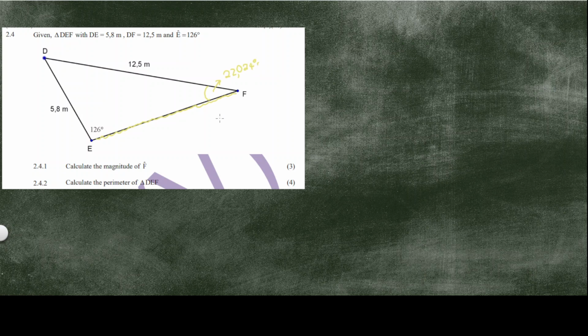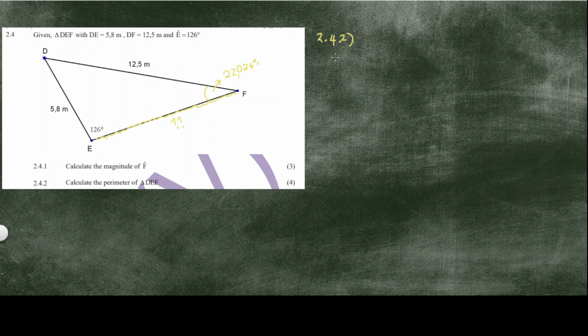Now, how do you propose we calculate EF? We can still use the same method, but first we need to find the angle of D. How do we calculate the angle of D?